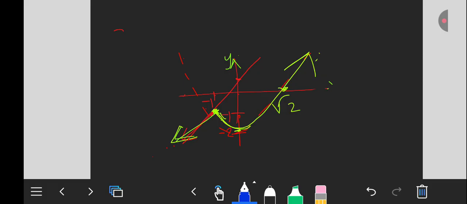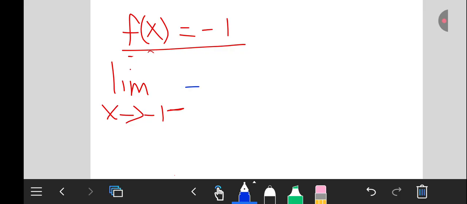So we are coming from this side, negative part, then approaching negative 1. Negative 1 is there where we had the dot. So as we are approaching negative 1, the limit is what? It is still negative 1 there. Following this line from the negative axis, as we approach, it is still negative 1. That is the limit.